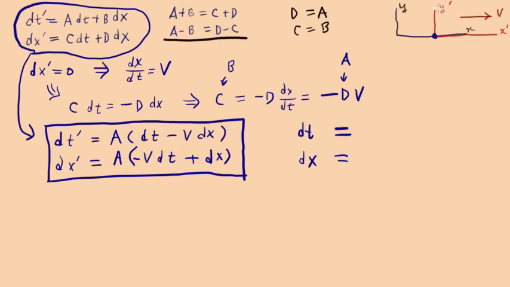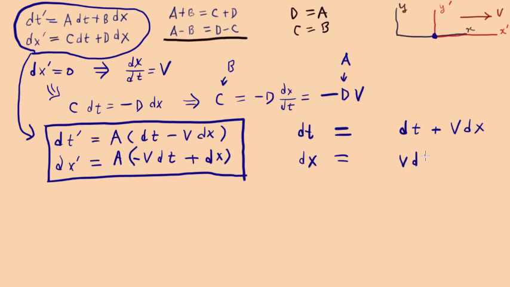The relationship between the primed coordinate and unprimed coordinate is basically, relative to the primed coordinate, the unprimed coordinate is moving at the speed which is negative v, right? And we know that there is no such thing as absolute velocity. So then it must be that the coordinate transformation is given by this.